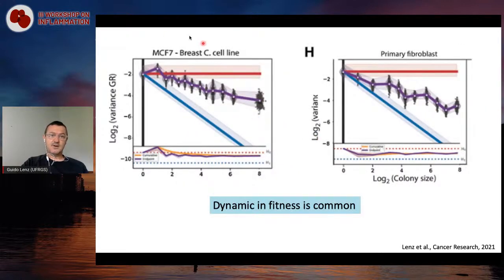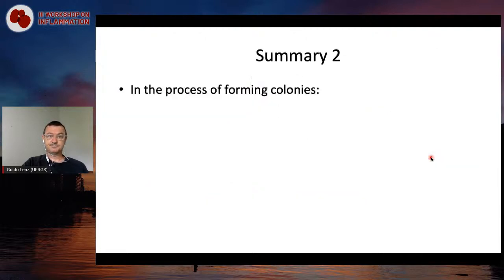Surprisingly, other cell types, and especially primary fibroblasts, and even a primary fibroblast cell line, also had similar characteristics, meaning that this dynamic in fitness seems to be more common than expected. At first, we expected to see this more enhanced in cancer cells, but we also saw this in two normal cells.